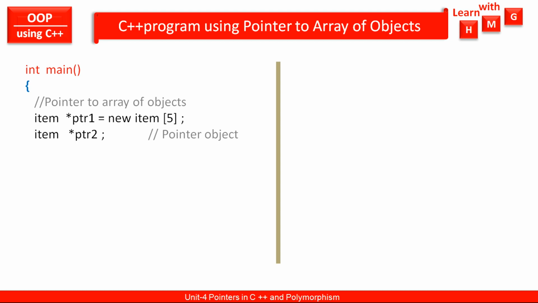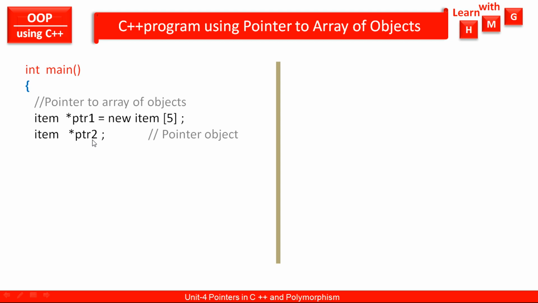For input, I will move the pointer ptr1 from element 0 to 4, and ptr2 I will use for the output operation.